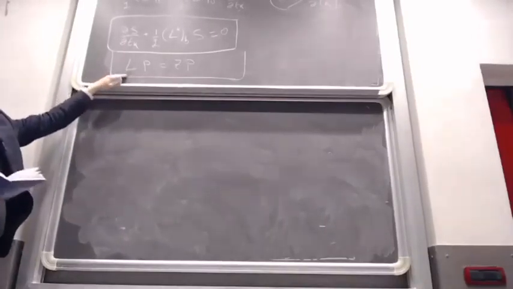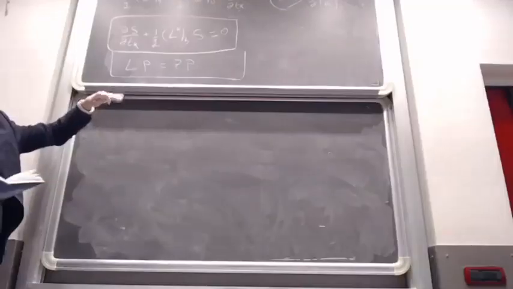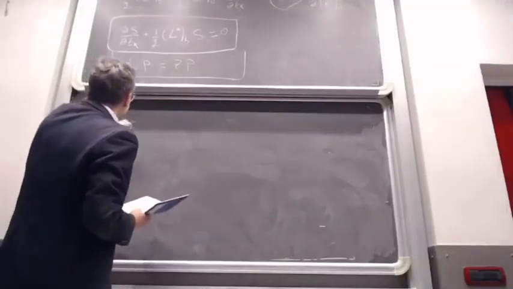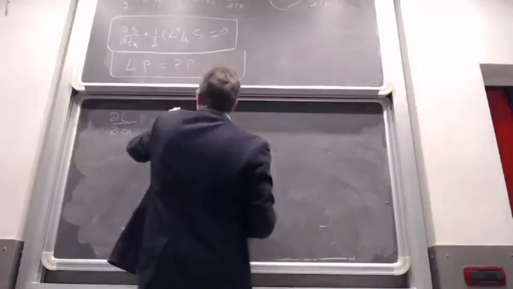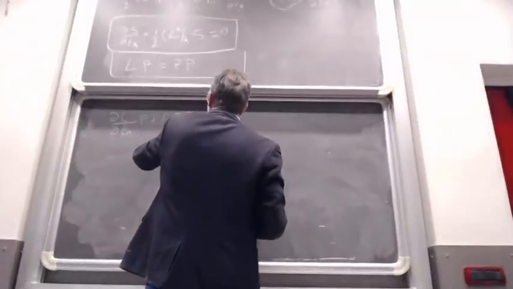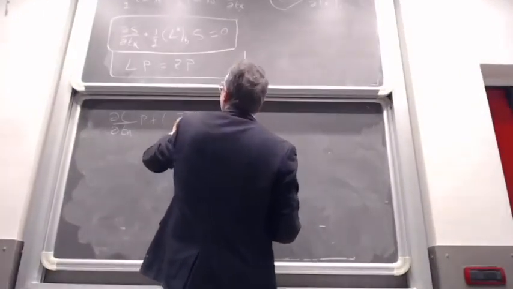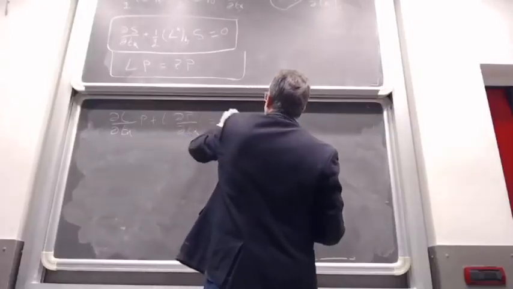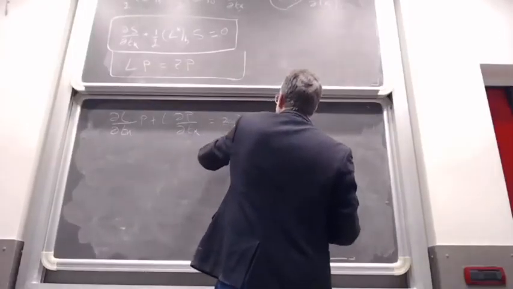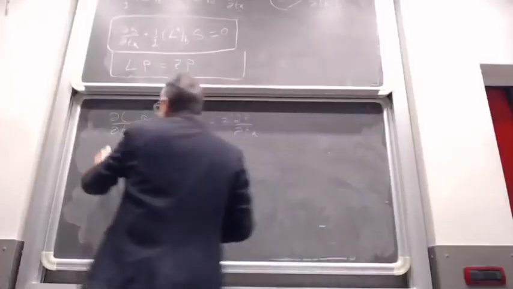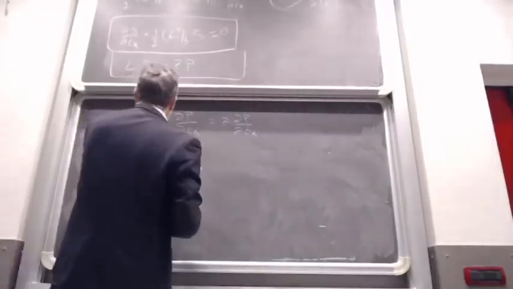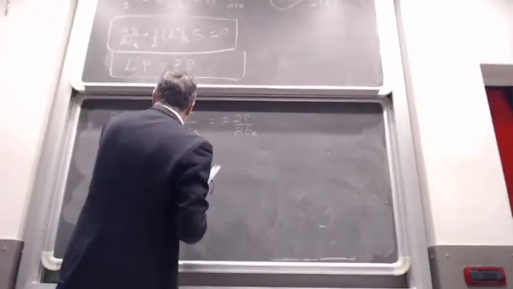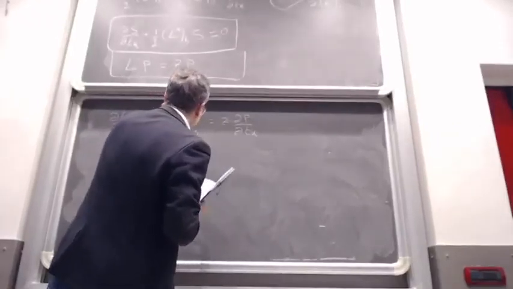What I do, I take the second equation and differentiate with respect to t_k, so I get dL by dt_k times P plus L dP by dt_k equal to z dP by dt_k. But then P is defined as S chi, so S of t times chi of z.